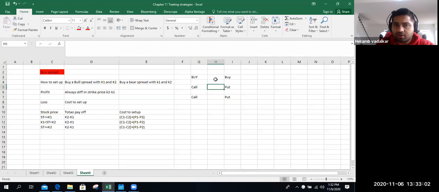Of the same strike price. So the strike price should be the same. Let's say the strike prices that we are considering are 450 and 350 for these two options. So copy it here.